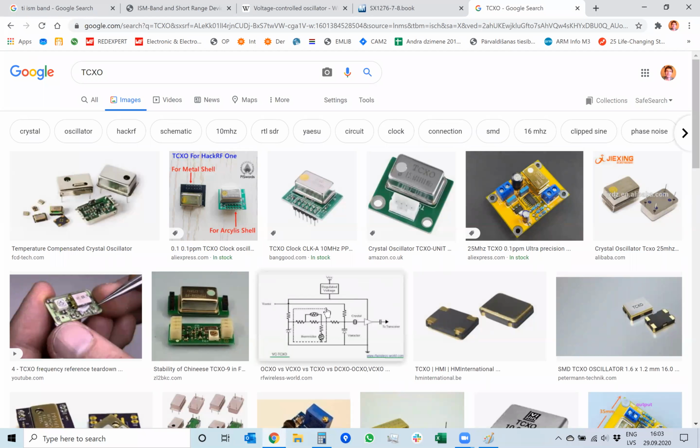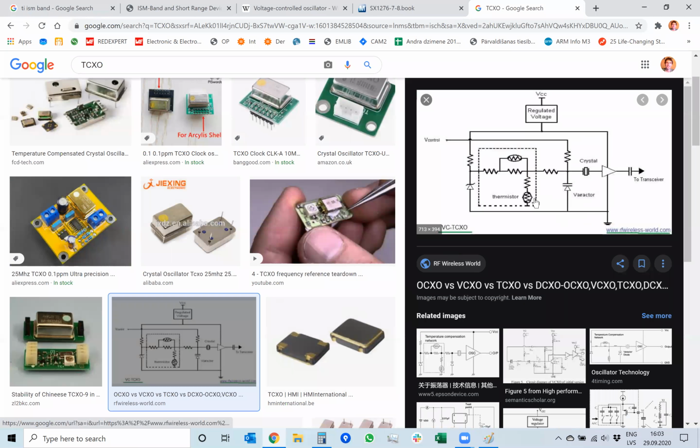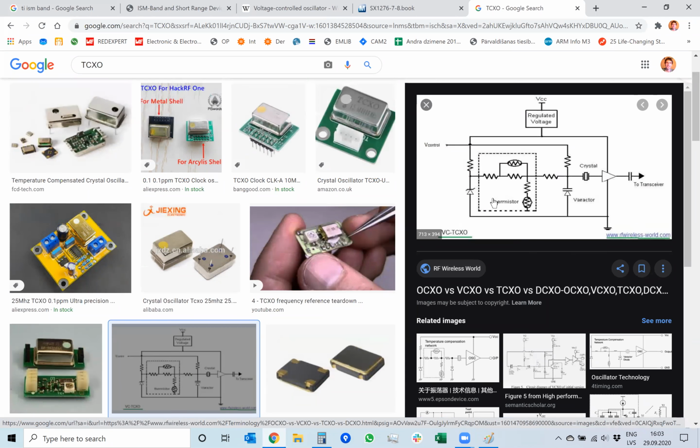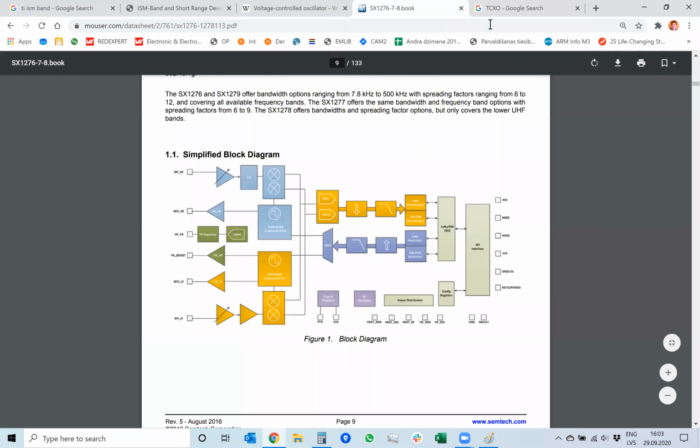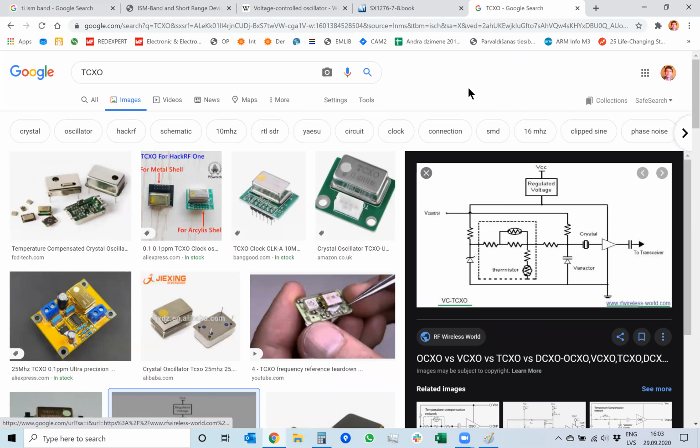Or there is some electronics that measures the temperature, and based on the temperature, it changes the crystal's frequency a little bit, right?